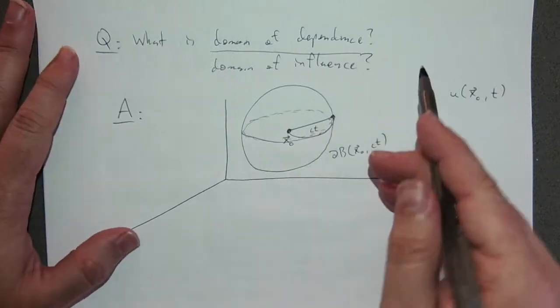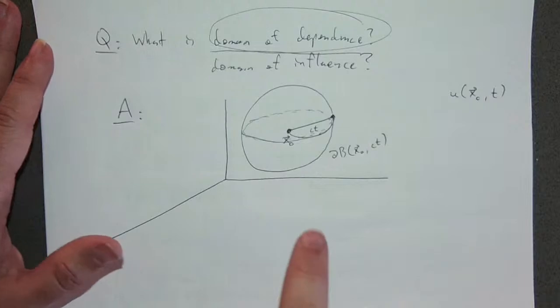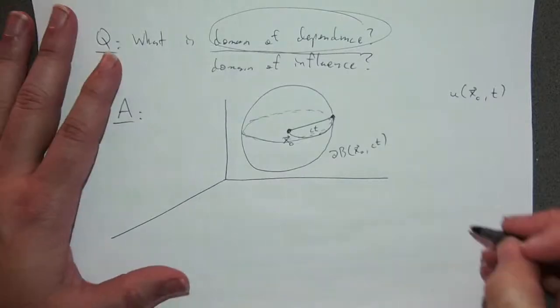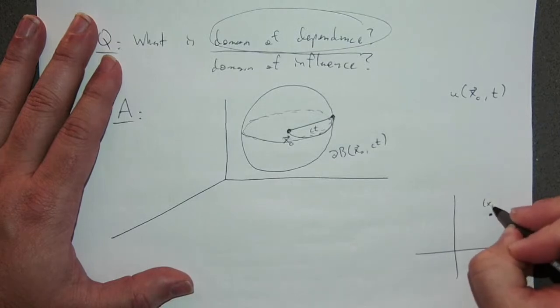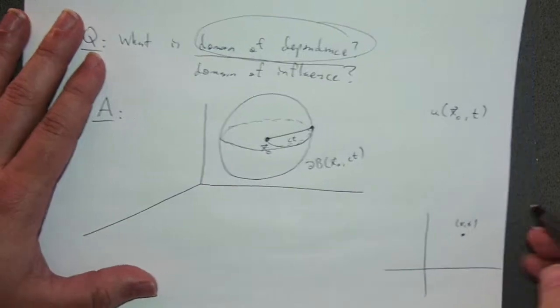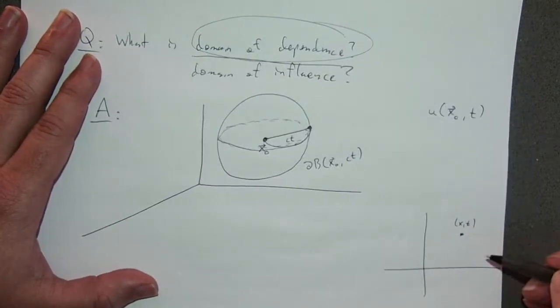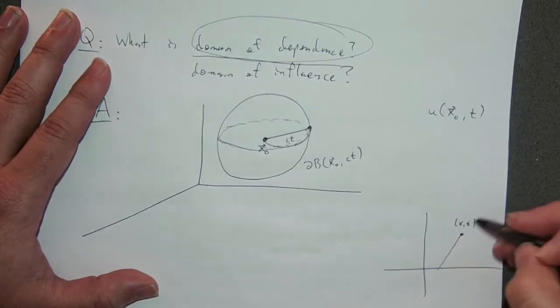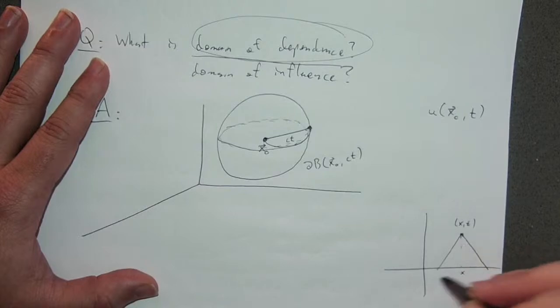Now, that is the domain of dependence question. Remember, this is analogous to the question we asked before in the 1D case. In the 1D case, I fixed a point here, x, t, and asked what points prior to this contribute to this point, and we found that it's a region that looks like this, where here's x minus ct, here's x plus ct.